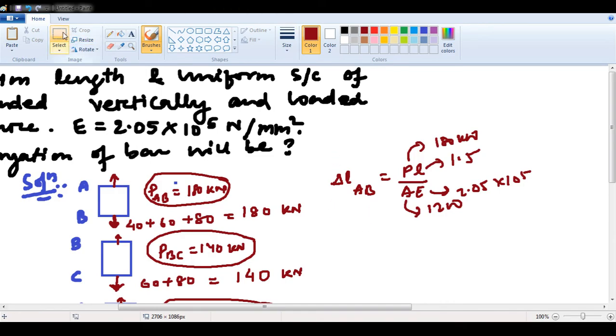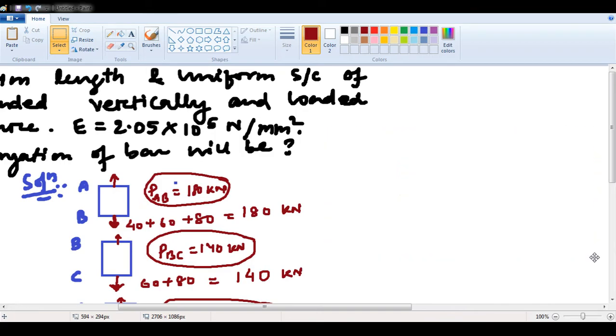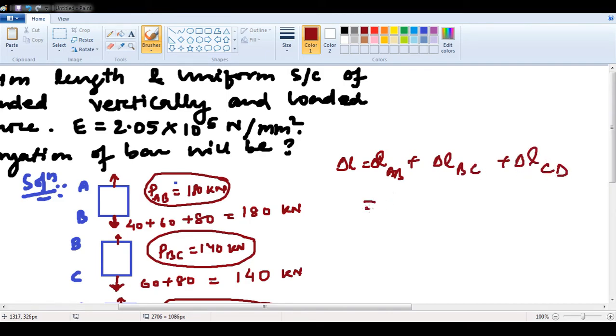So in simple terms, the total extension of the body is the extension in AB, extension in BC and extension in CD. So this is PL by AE, PL by AE, PL by AE.